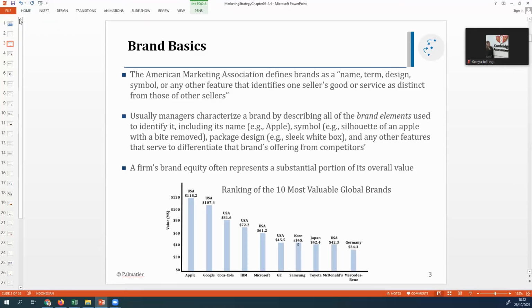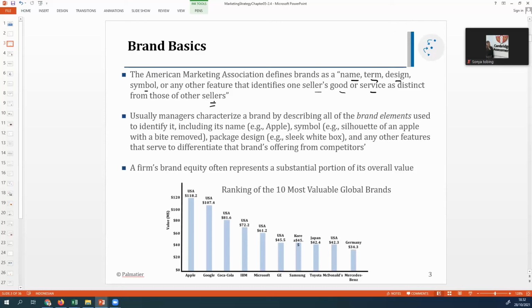Right. So the American Marketing Association defines brand as a name, term, design, symbol, or any other feature that identifies one seller's goods or services as distinct from those of other sellers.